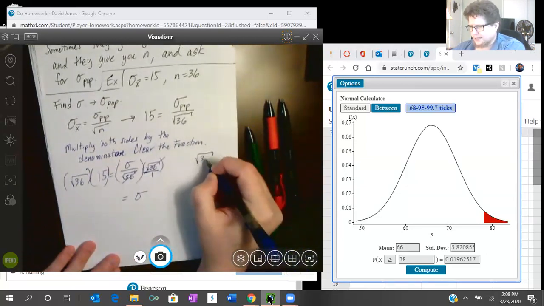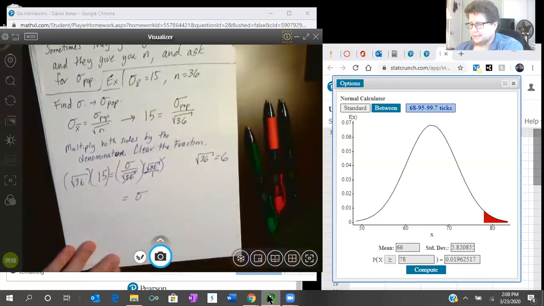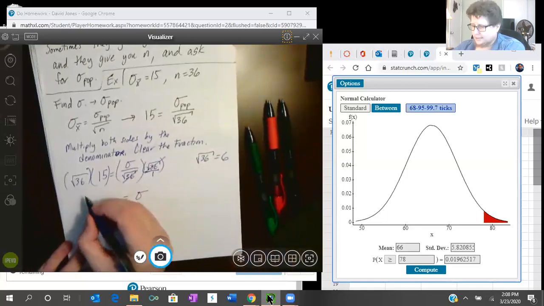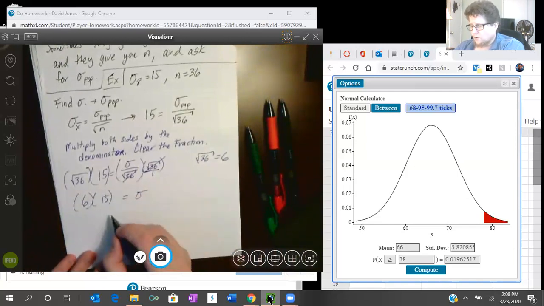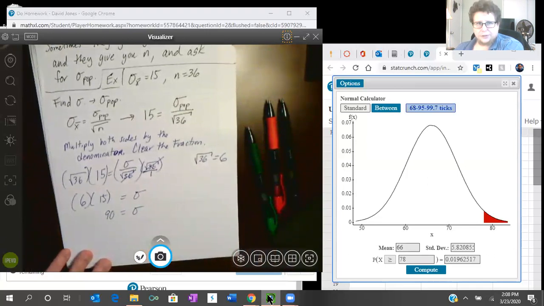The square root of 36, if you throw that in your calculator, is 6. So I get 6 times 15, or 90 equals sigma. So that's what they're doing. You can go back and figure out the standard deviation of the overall population if you know the standard deviation of the sample mean. And it might pop up, I think it might be an 8.2. I will open up a new video on that shortly.